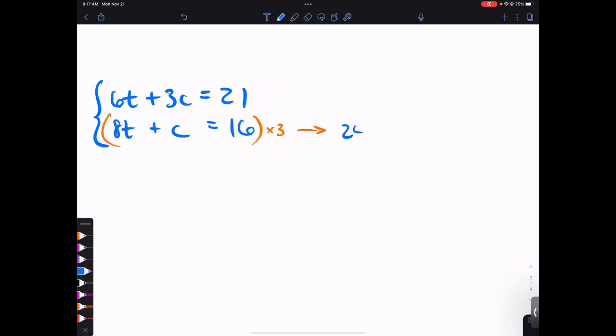So 24T plus 3C equals 48. That's fine because I did it on both sides, right? I haven't changed the value of anything. I just scaled the whole thing up, and that's okay. Just like anywhere else, you can do it to one side as long as you do it to both. This one I'm just copying over.